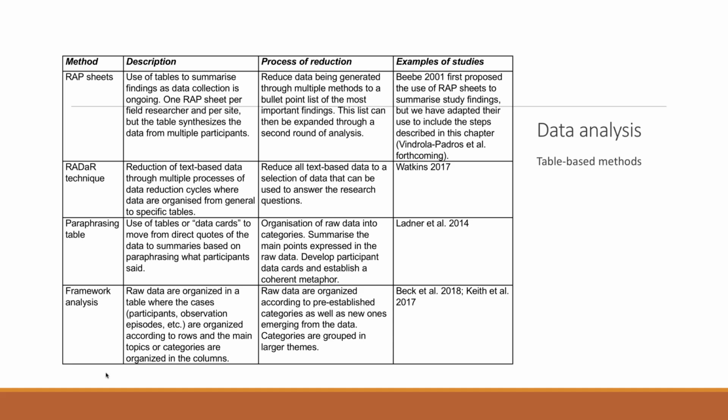And what we've done, and I'll show you an example of how we've done that in a bit, is we've combined the use of the rap sheets, like I've described them, with framework analysis, which is the last approach that you see here.